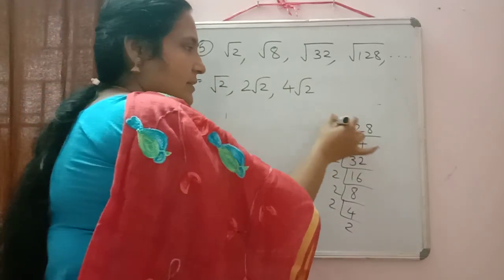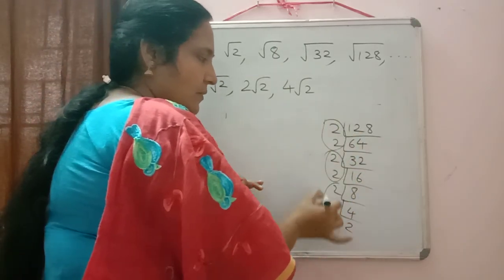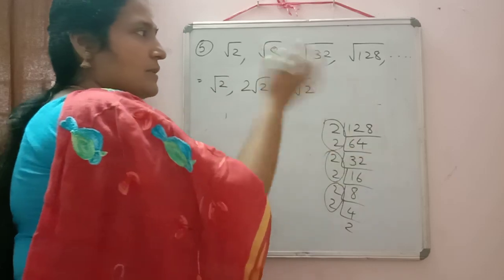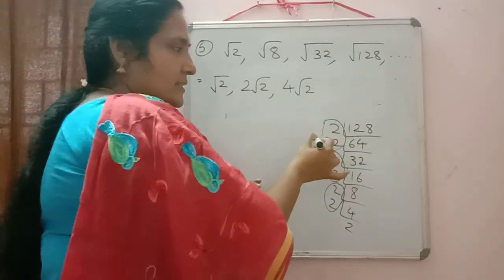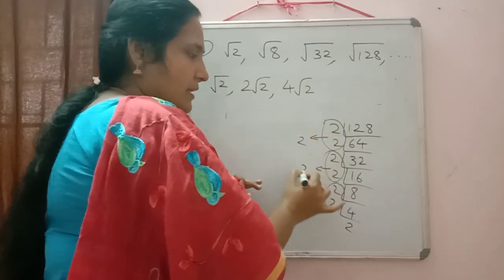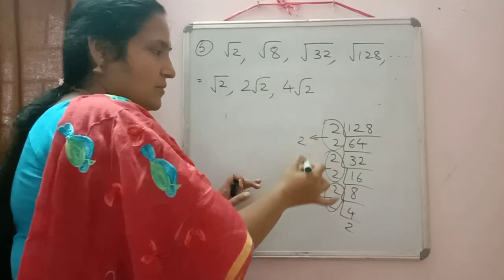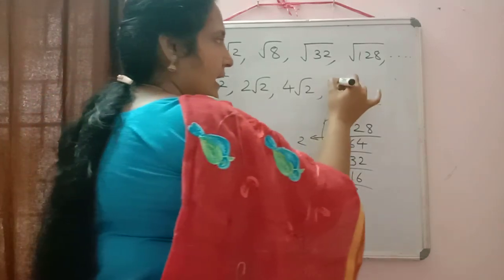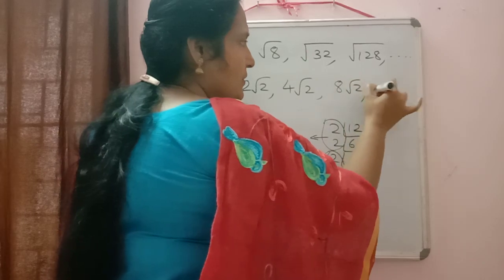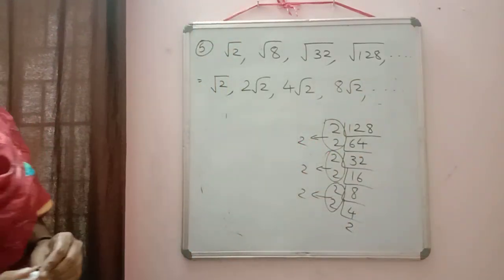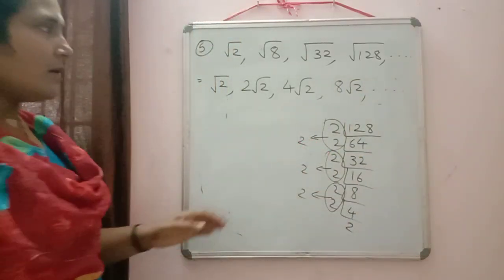Check the pairs of numbers: 2, 2, 2. So these three pairs will go outside the square root. Instead of each pair, only one number will come. So it will be equal to 2 2s are 4, 4 2s are 8. 8 root 2.